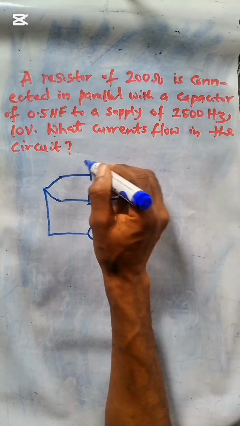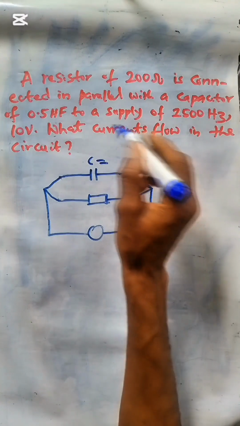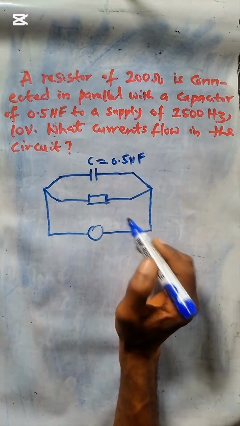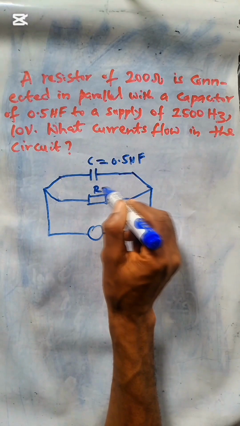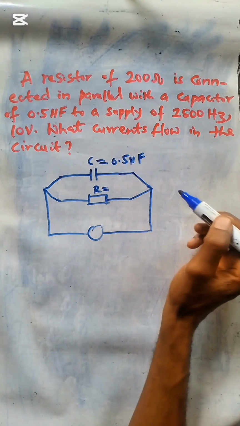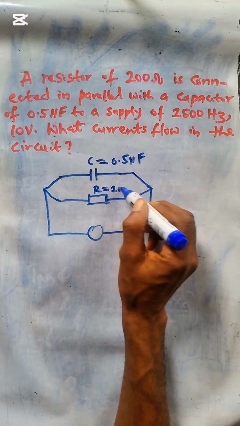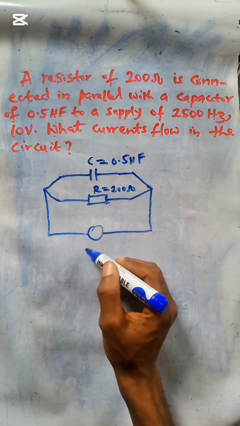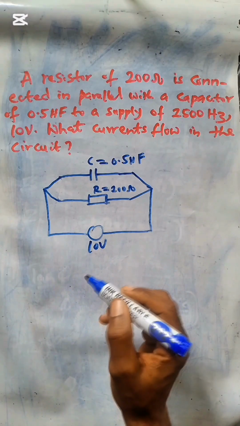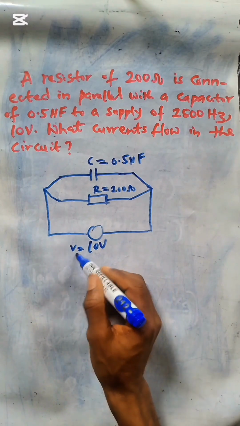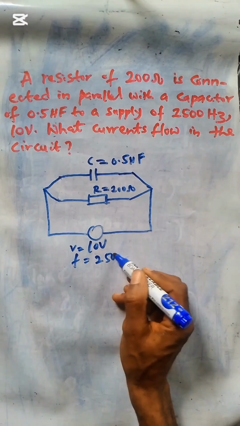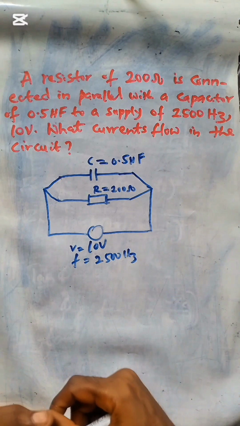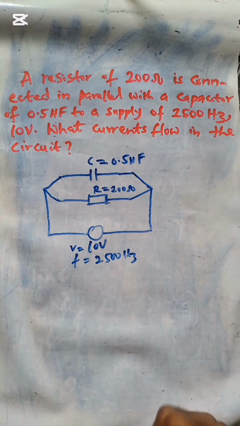This is our capacitor, given to us to be 0.5 microfarad, and our resistor here is given to us to be 200 ohms. Our voltage is 10 volts, while our frequency is 2500 Hz. We are now asked to calculate the currents flowing in the circuit.